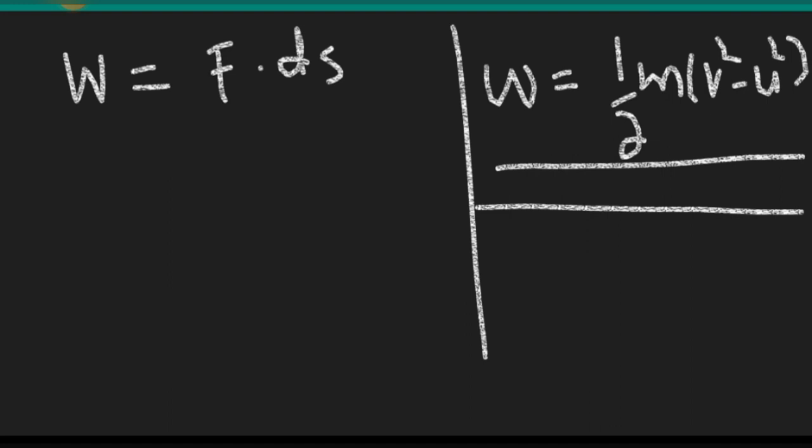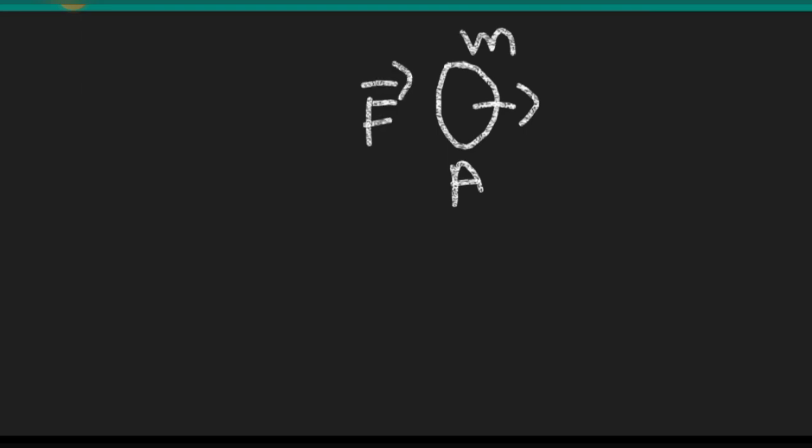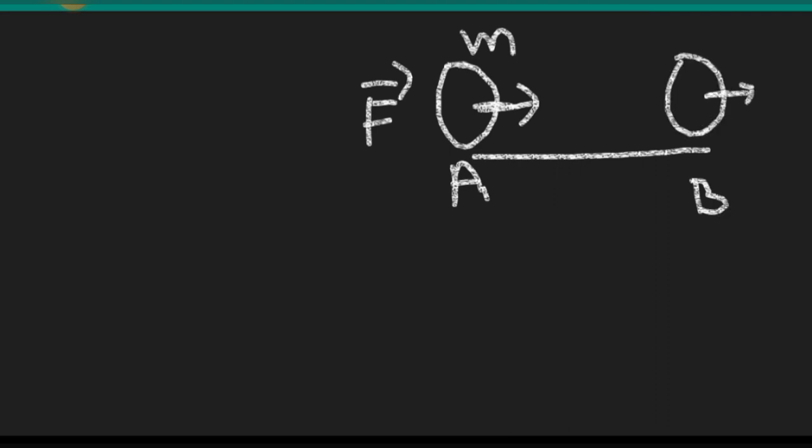Let's take an example of a body. Suppose this is the body A. It has mass m and a force F is applied on it, and it changes its position from A to position B. The mass of the body will not change because in classical mechanics mass remains the same.